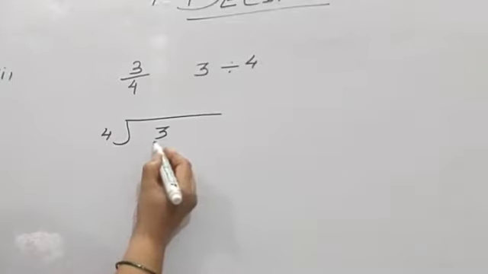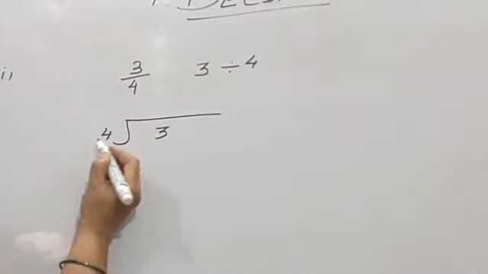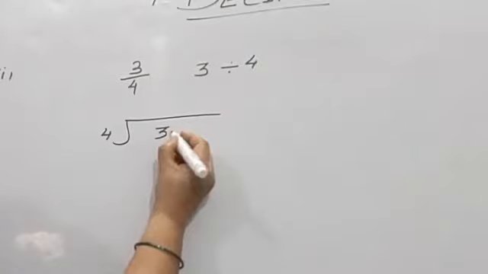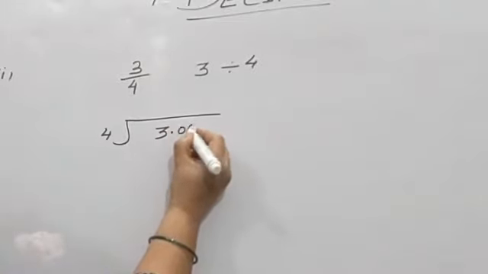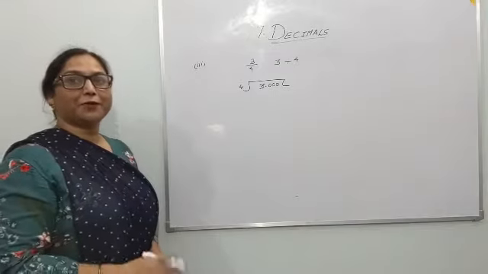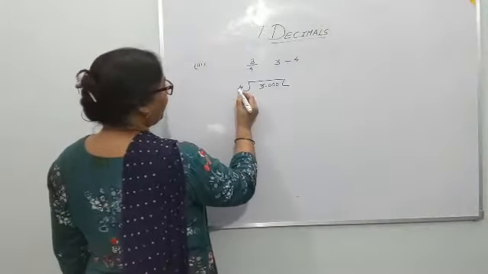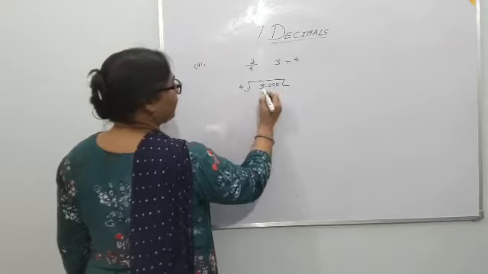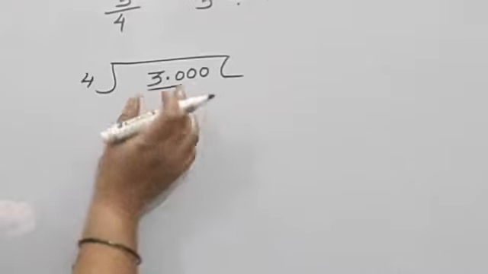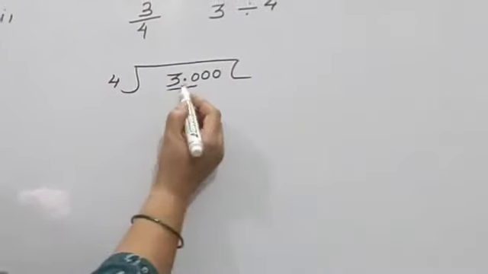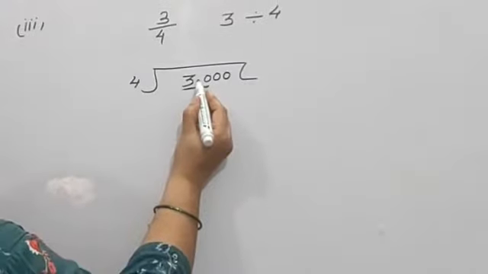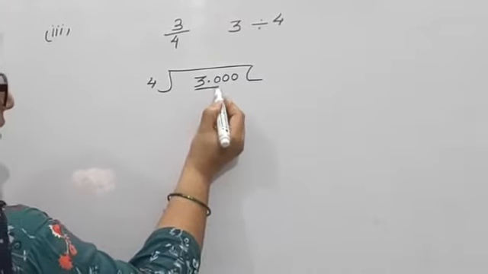As 3 is smaller than 4, we'll first put a decimal just right after it and add many zeros, children, so that we don't have a shortage of zeros. So let's move. In this case, we'll consider 2 digits to make it bigger than 4, as in your 2 digits the decimal point is included and the first digit is included.